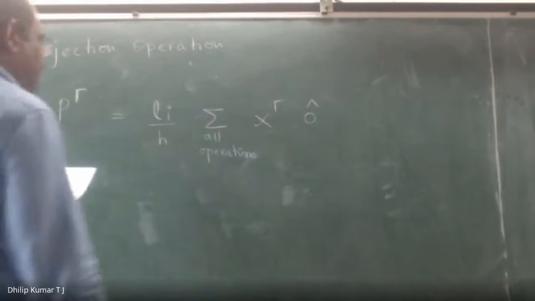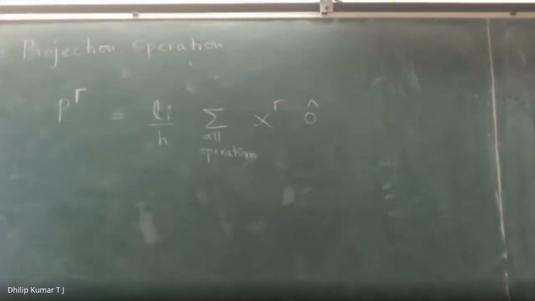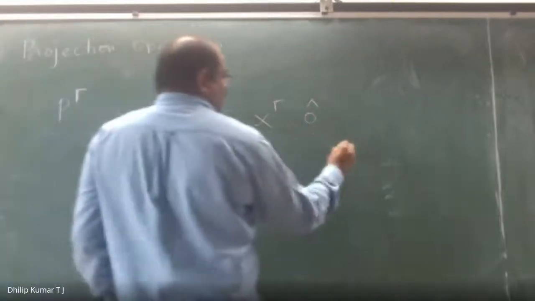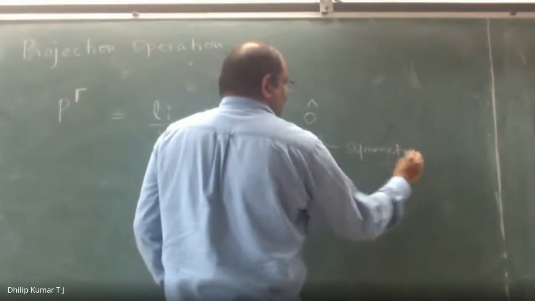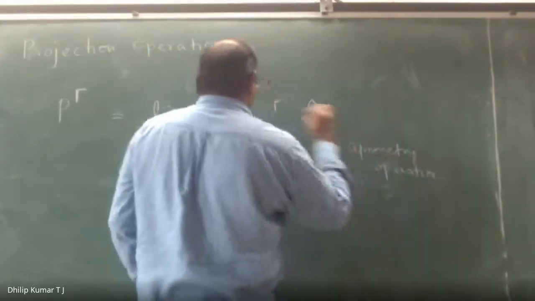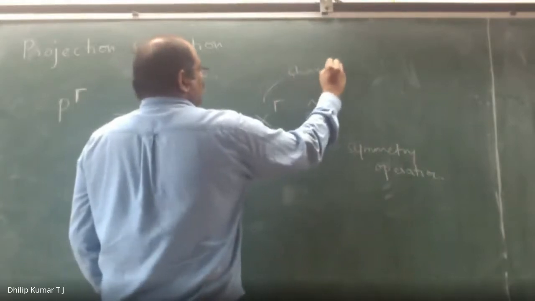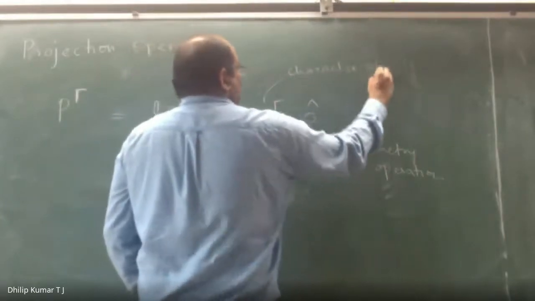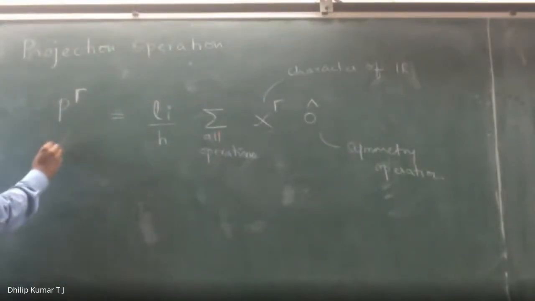O cap is again an operator. O is the symmetry operator. So this is the symmetry operation. So this we know is the character of the IR. And then this is the projection operator.